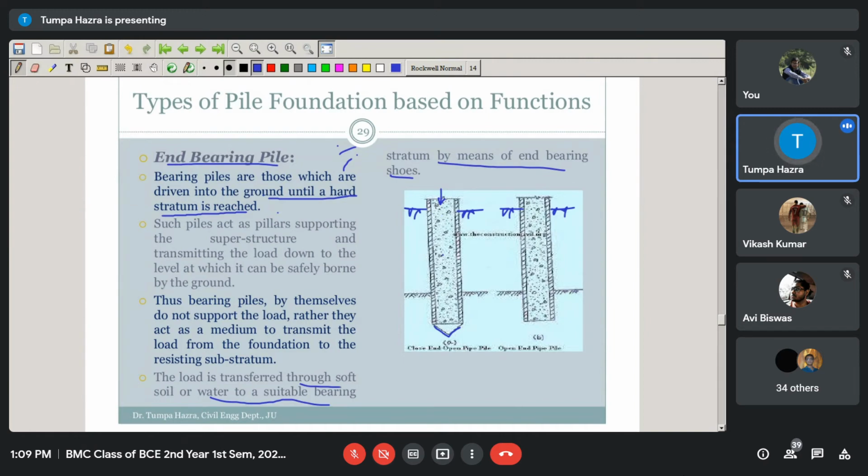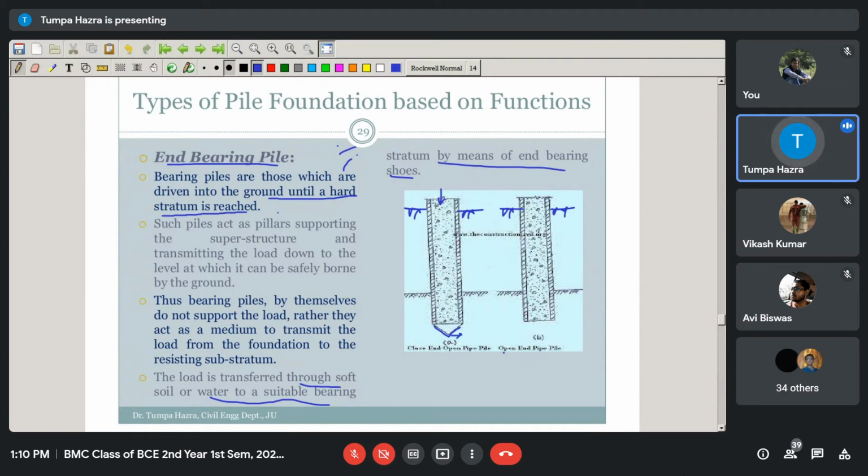Therefore these piles carry the load through this soil of low bearing capacity to the soil of high bearing capacity, and then finally transfer the load through these end bearing shoes. Sometimes there may be detachable shoes or sometimes non-detachable shoes. Now this type of foundation also may be cased or uncased.